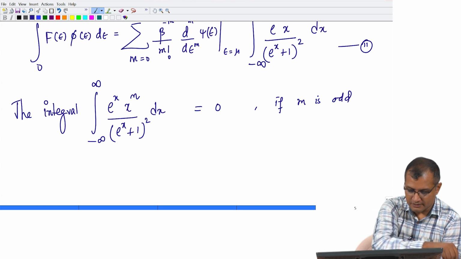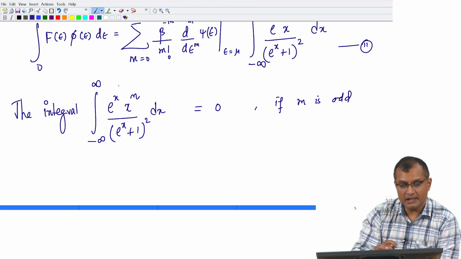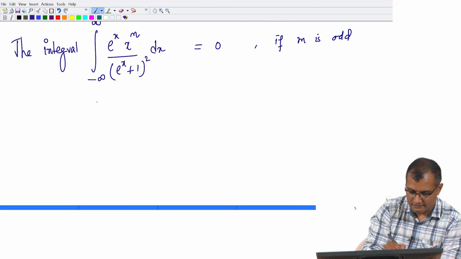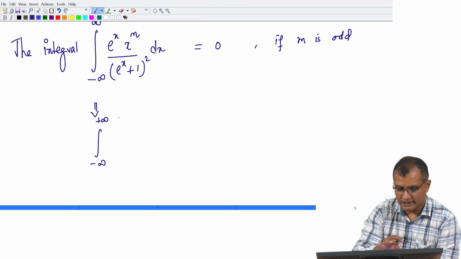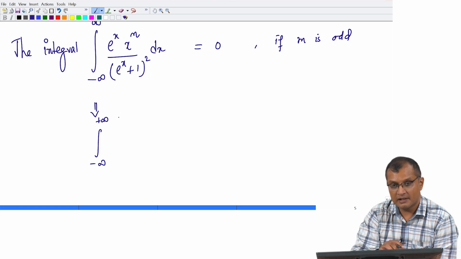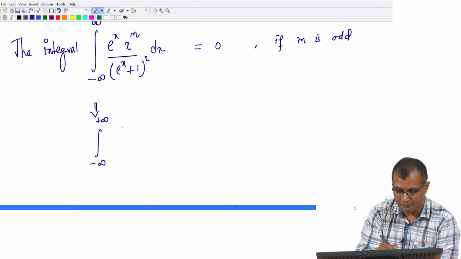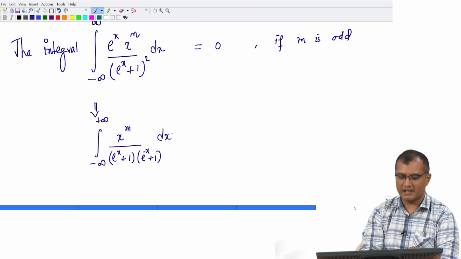Now, the integrand here, which is this function, I can rewrite e raised to x upon e raised to x plus 1 the whole square as simply multiplying both the numerator and denominator with e raised to minus x. This simply becomes, just rewriting it.